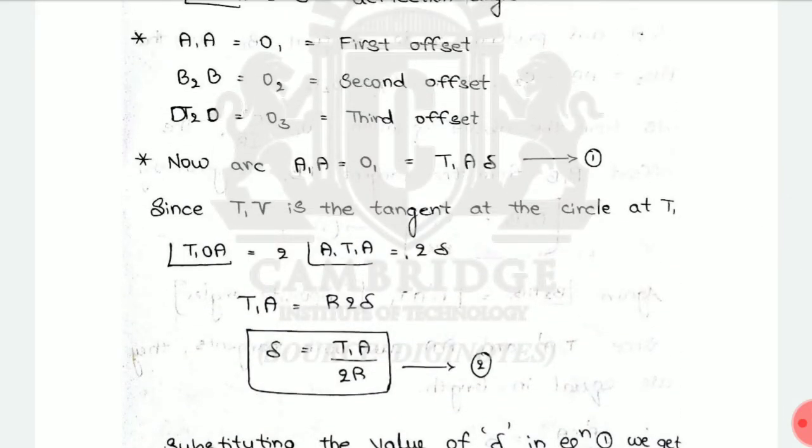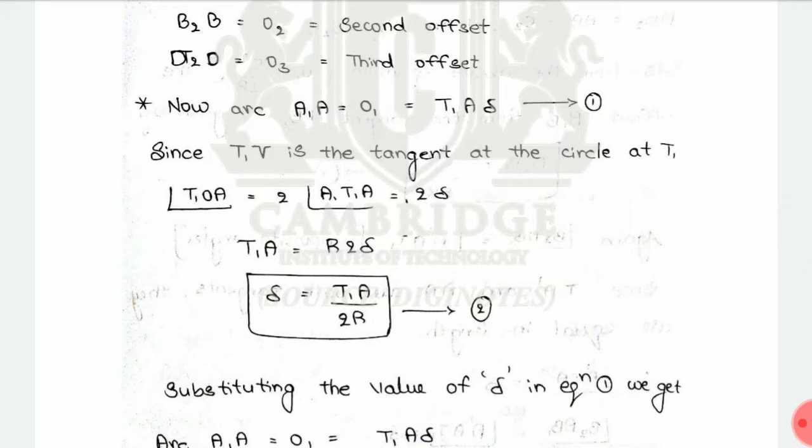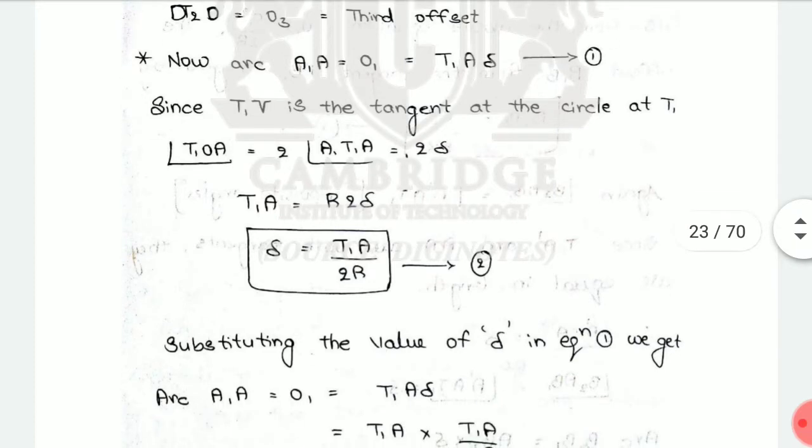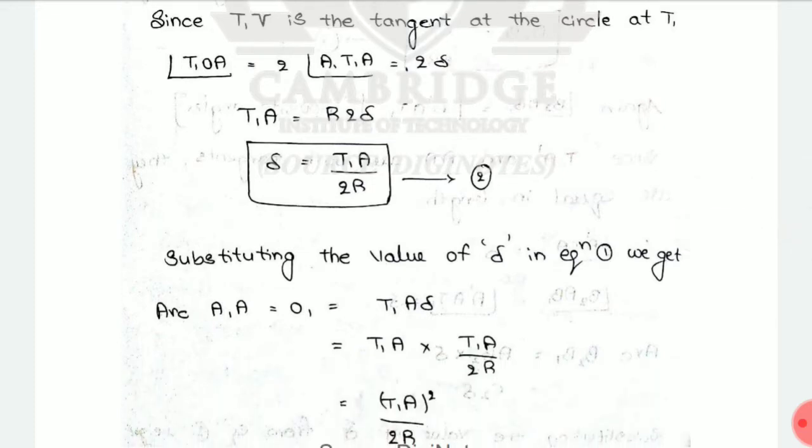Arc A1A is O1, that will be T1A into delta. Since T1V is the tangent to the circle at T1, angle T1OA is twice the angle A1 T1A, which is twice delta. T1A is equal to R into 2 delta. So delta is T1A by 2R.